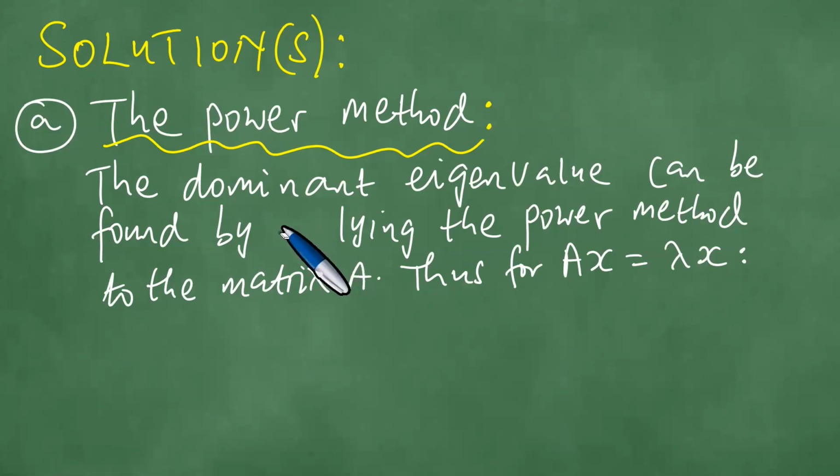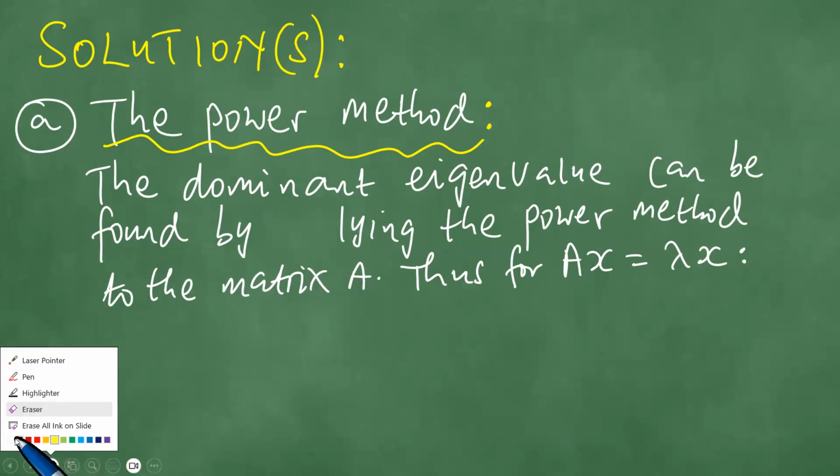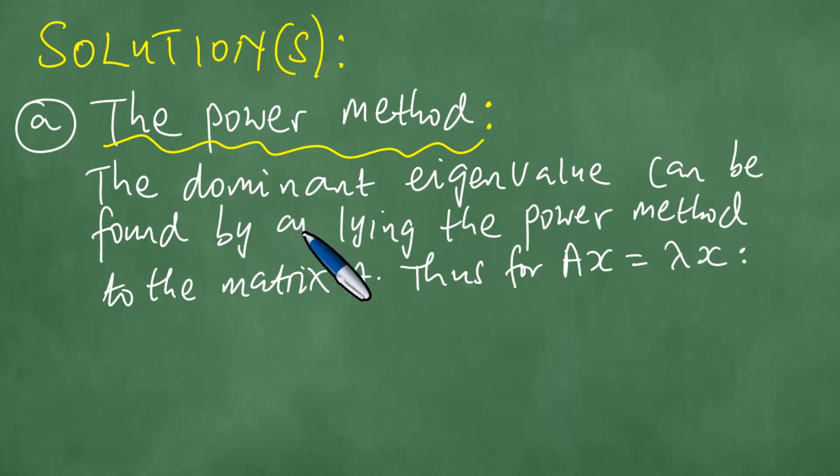So now we continue. The dominant eigenvalue can be found by applying the power method to the matrix A. Thus, for Ax equals lambda x, and lambda is the eigenvalue. Let us find these.